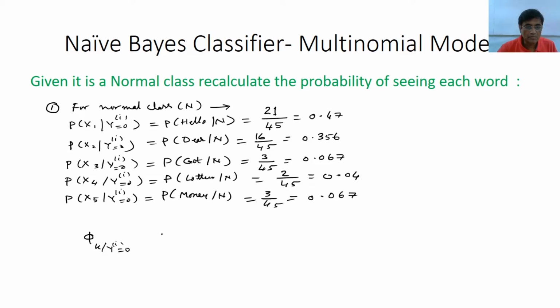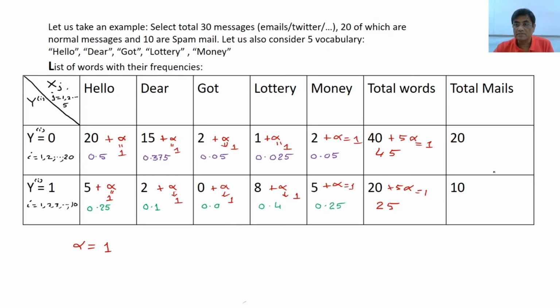Equal to 0, which is after Laplace smoothing, how it will look like. Okay, m equals to 20. Remember, my male sample number has not changed.